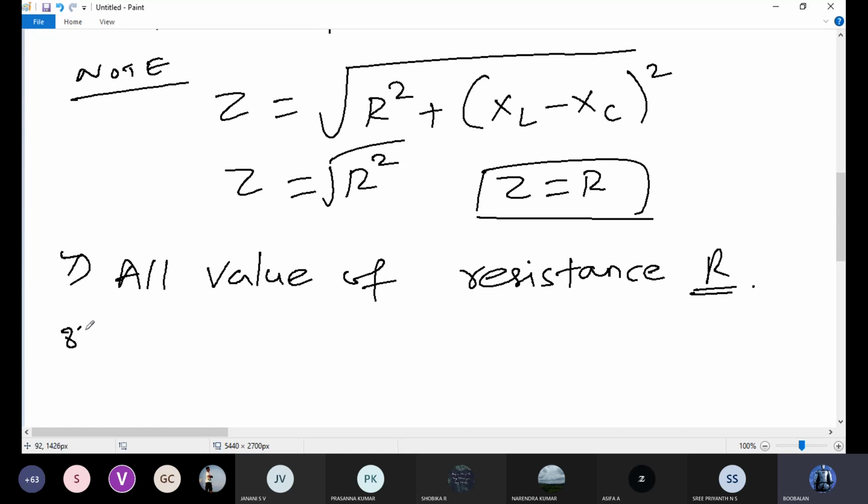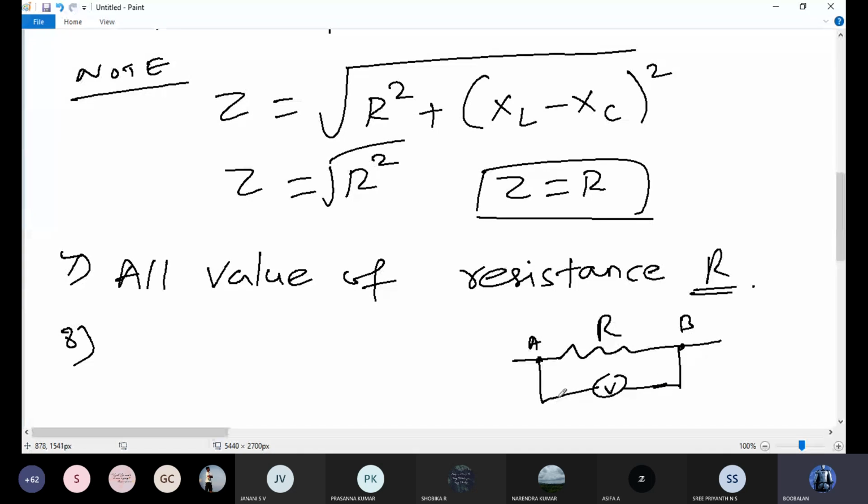8th one. The voltage across R is equal to applied EMF. The voltage across the R means, this is the resistance circuit. So in this resistance circuit, this is the point A, this is point B. Now we are measuring the V value.